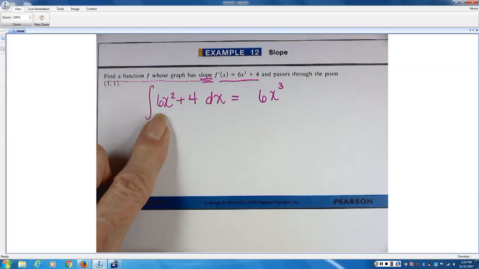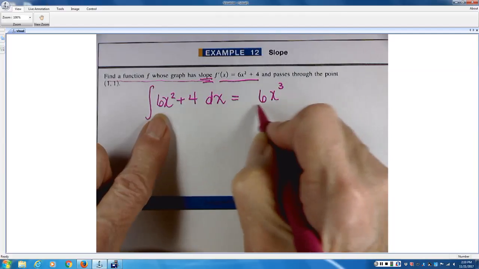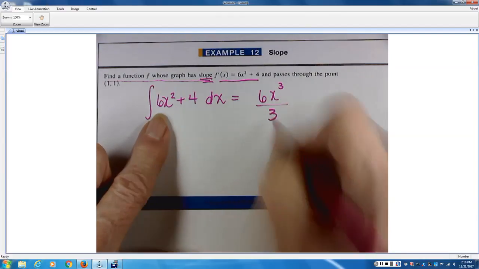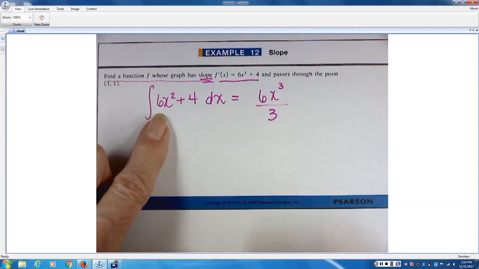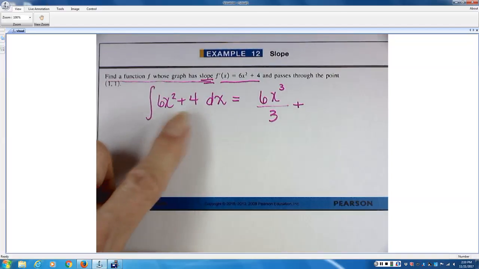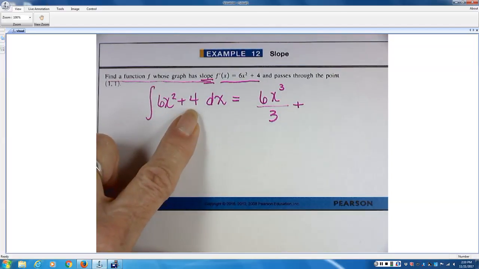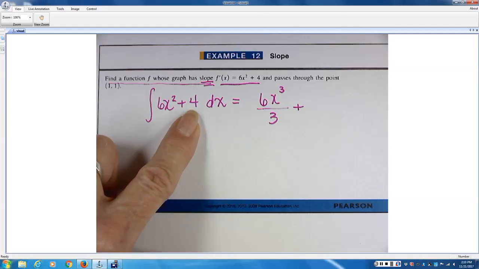That makes it x to the third. Divide by that power. Plus, remember this actually used to be x to the 0. 4 times x to the 0, if it helps you think of that, because 4 times 1 is just 4.